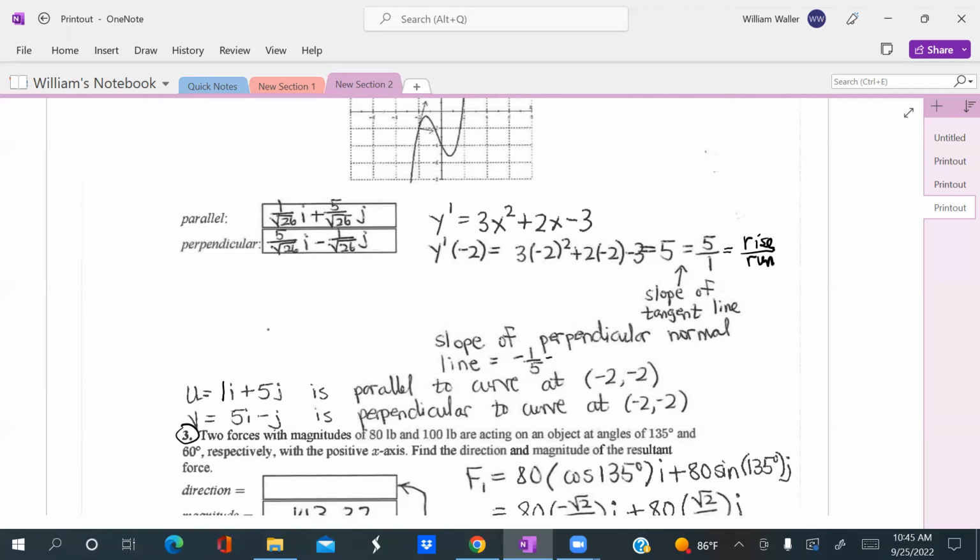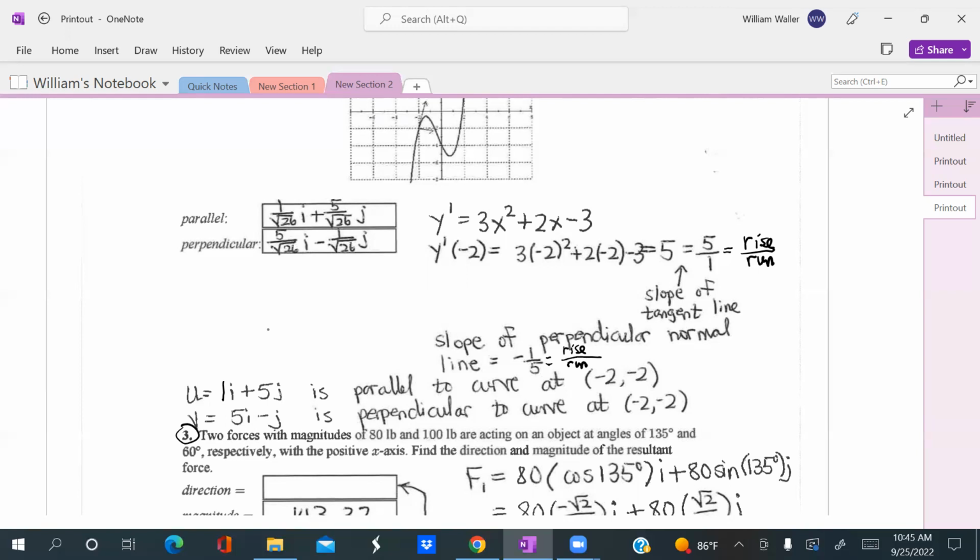If we think of this, again, as rise over run, we can create a vector that's perpendicular to the tangent line by giving it a vertical component of -1, a rise of -1, and a horizontal component of 5, that is a run of +5.